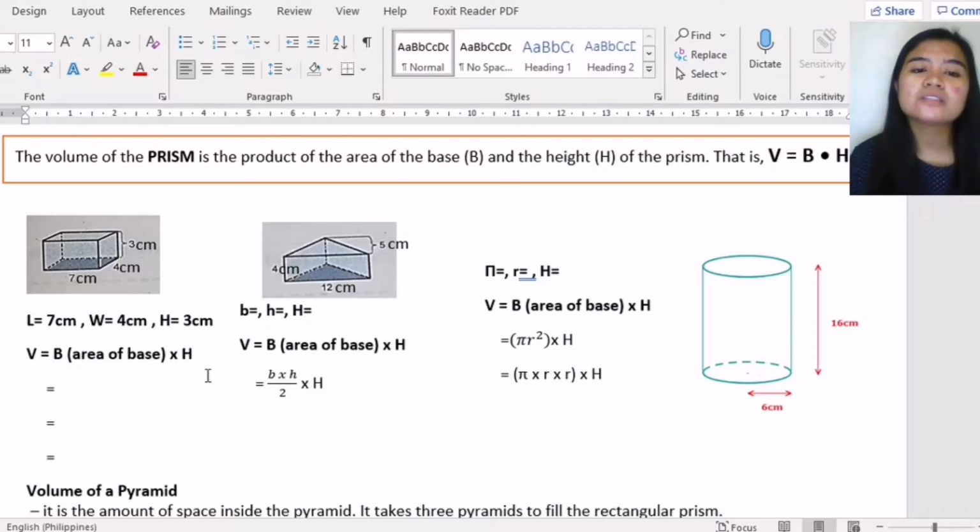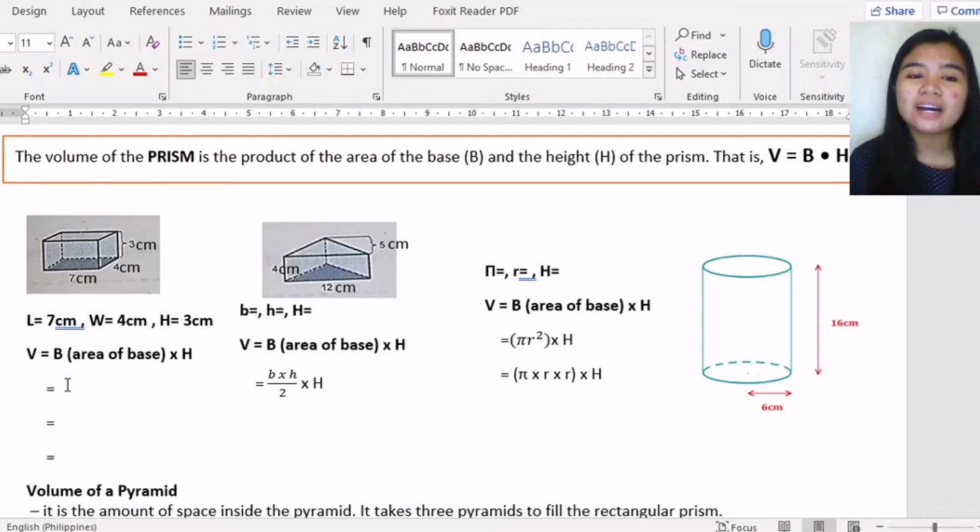Ngayon, dito tayo sa formula na gagamitin natin pag naghahanap tayo ng volume ng rectangular prism. Sabi dito, B or the area of the base then times the height. Yung area ng base, kung ang pinag-uusapan natin ay rectangular prism, ang base niya ay rectangle.